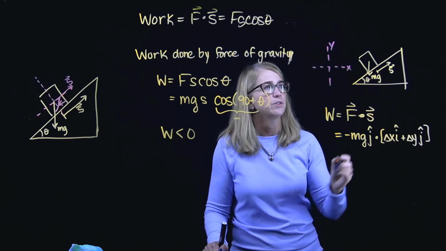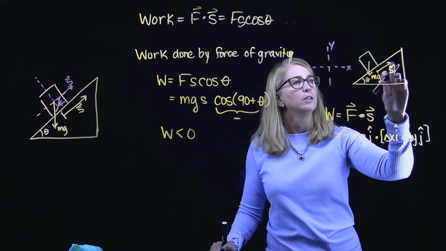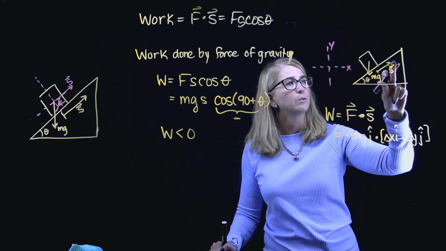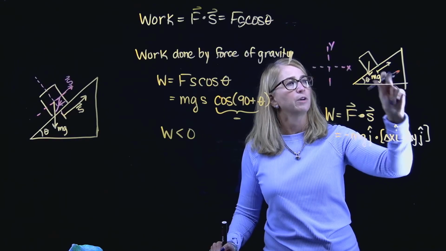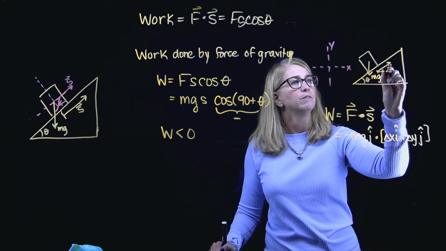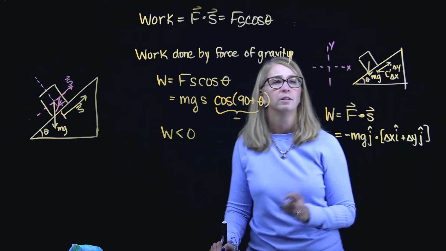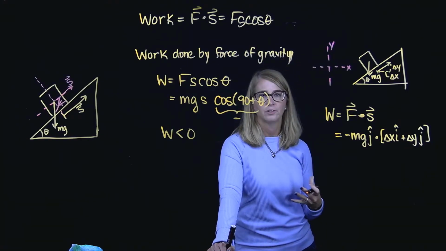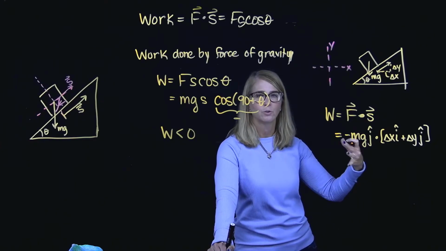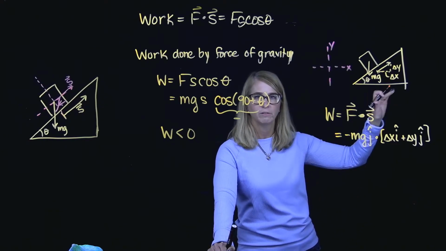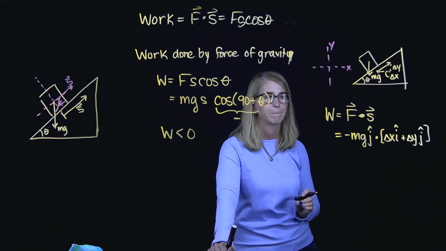So in a sense, as the block is moving up the incline by this displacement, I'm going to just get rid of this s right here. We could think of this as the delta y, and that is the delta x. And so adding the delta x in the x direction and the delta y in the y direction ends up giving me the total vector s.